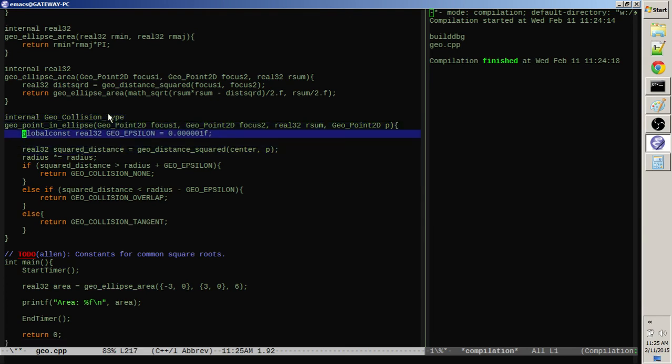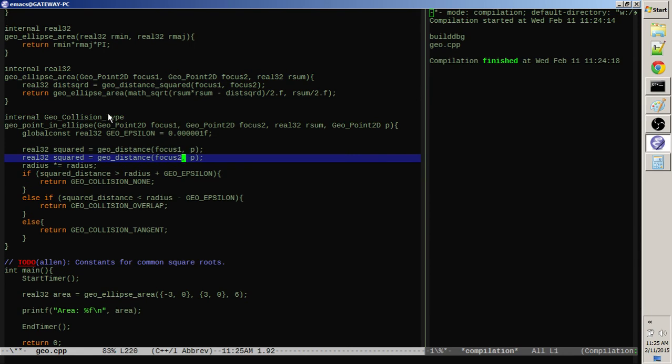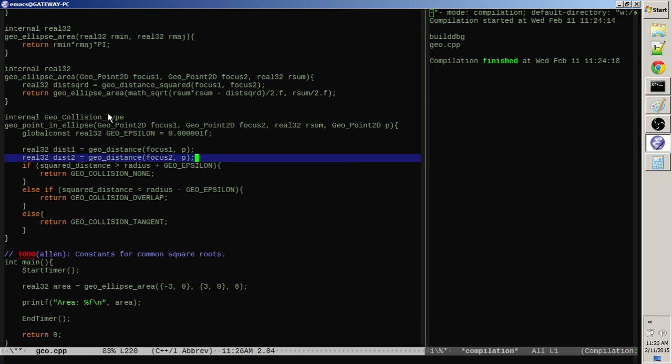First thing we do is we compute the distance. In this case, I don't think we can do squared distances. This time we need to do distances from both foci, because the sum of these will be what's important. So this is dist 1, this is dist 2. And then we can't square the radius to check it. What we have to do is say, if dist 1 plus dist 2 is greater than r sum, then we're outside of that.